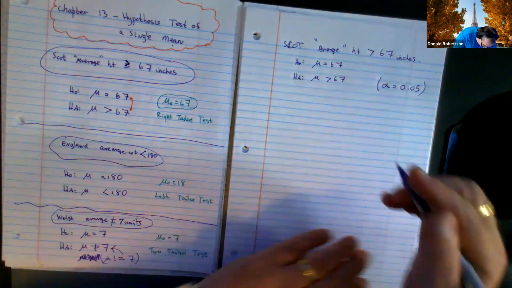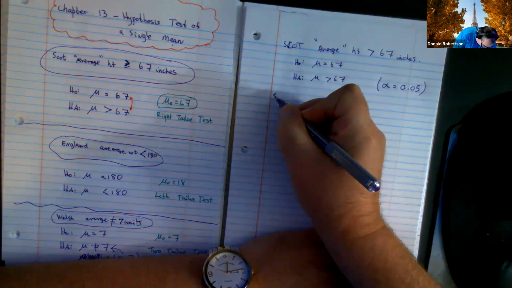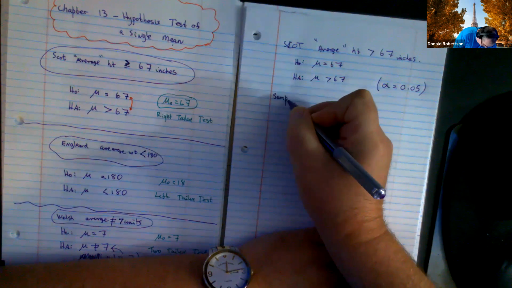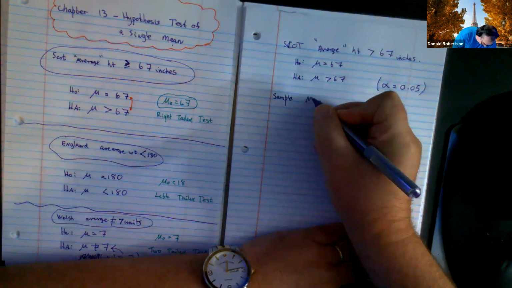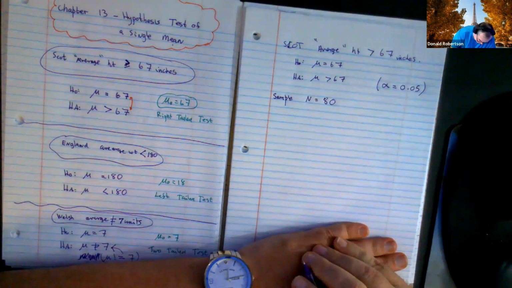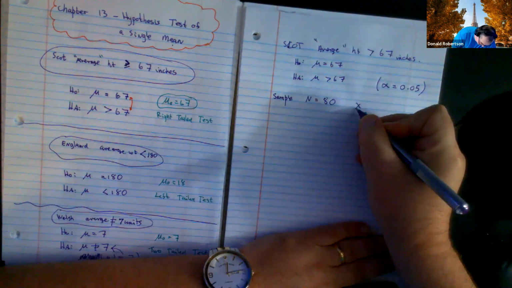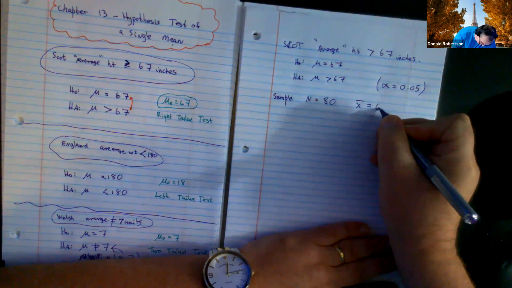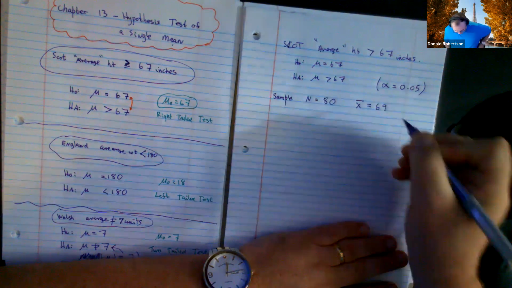So what do I do? Well, I go out and I get a sample. And let's say my sample is 80 people. And I find the average height of them. And it ends up being 69 inches.